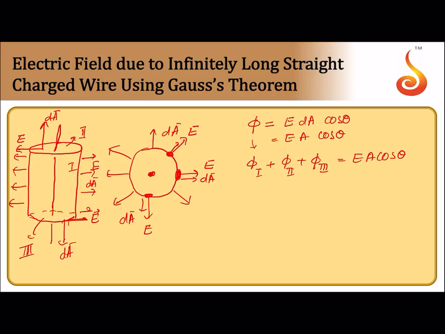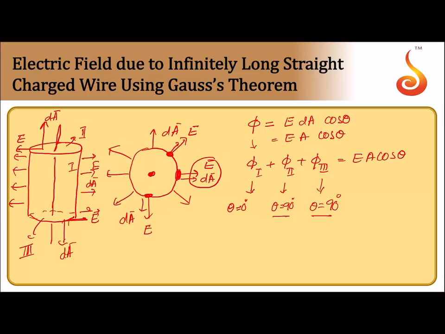So if I choose each one of them one by one, for this surface what do I have? I have theta as 0, while for the second one theta becomes 90, and for the third part theta becomes 90. Yes, because for the curved surface, area vector and field vector are parallel, while for the other two they are perpendicular.